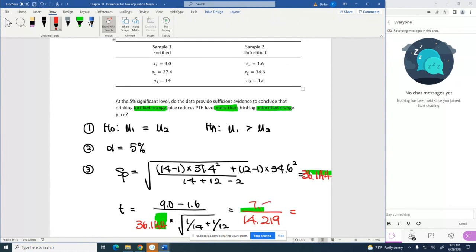And then I got 0.520. Looks good. The test statistic is 0.52.